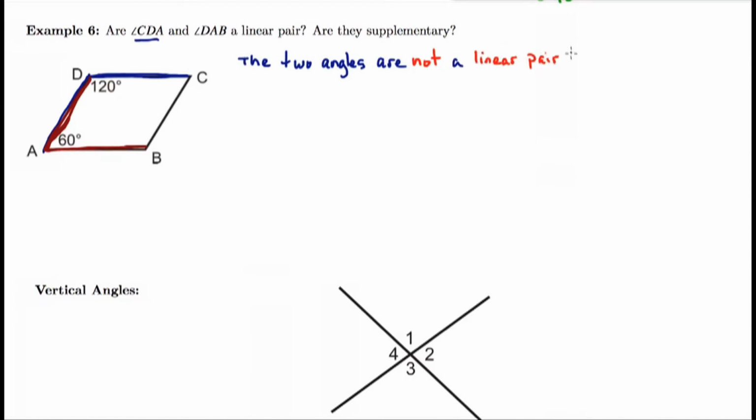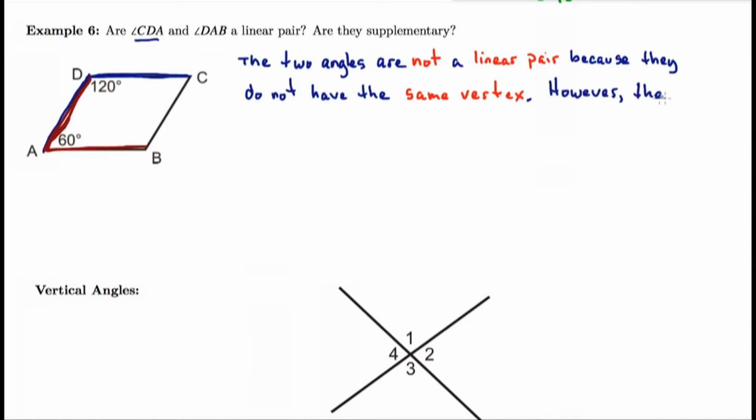Why? Well, they don't share the same vertex. Now, they are supplementary because supplementary angles don't have to be next to each other. They don't have to be adjacent. They don't have to share the same vertex. And 60 plus 120 degrees equals 180. So no for linear pair, yes to supplementary.